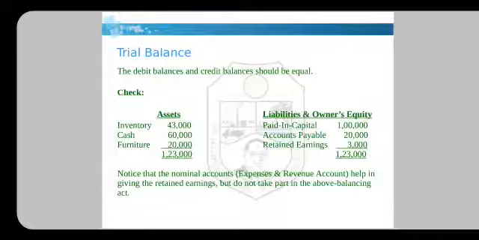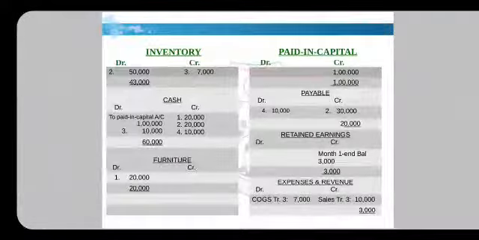Now in this case, notice that the nominal accounts, that is expenses and revenue accounts, help in giving the retained earnings but do not take part in the above balancing act. So in this case, see on the right hand side, on the side of paid in capital, in revenue and expenses, the credited balance is 3,000, which is shown in the last line.